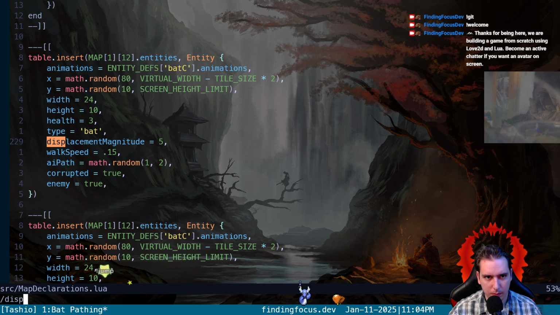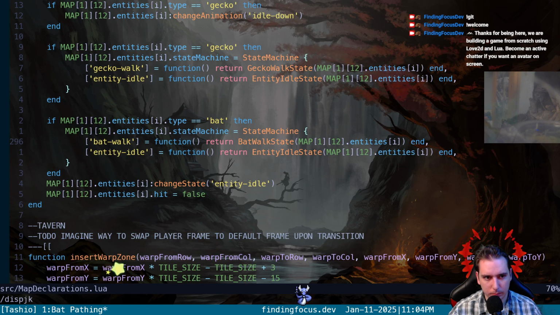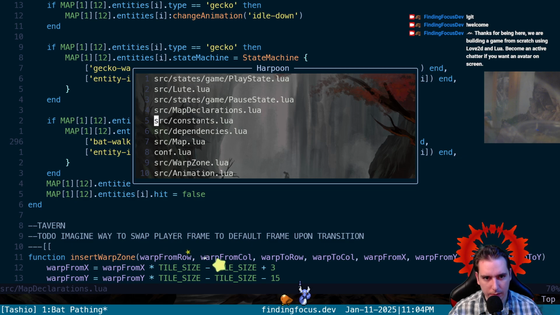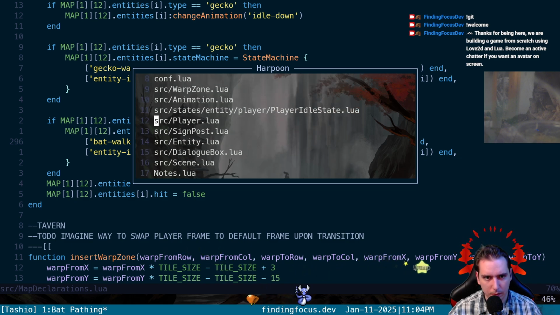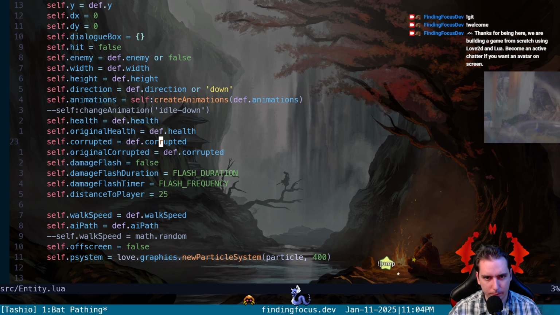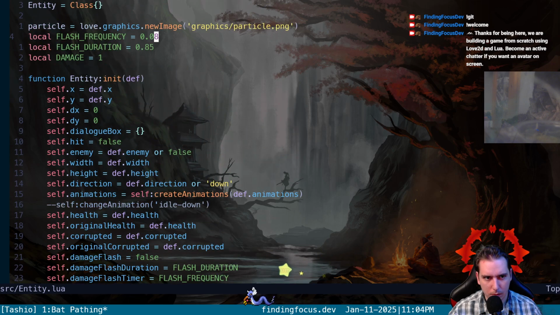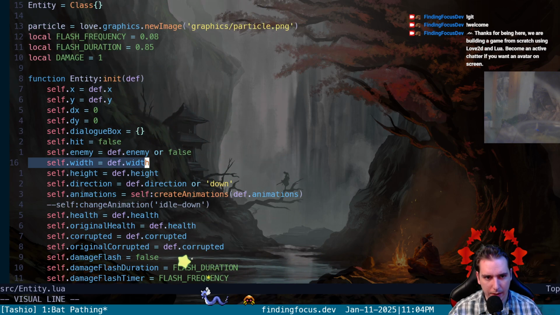Displacement magnitude. Okay, we might have to... Let's look at our entity class real quick and see if we have to copy over the fields. Yeah, I think we do.